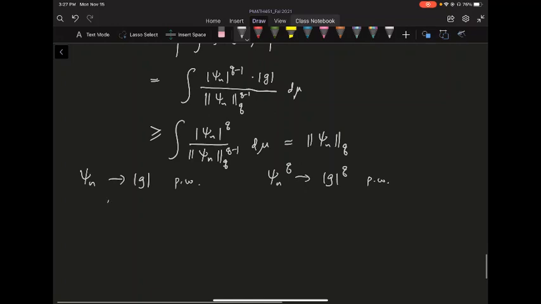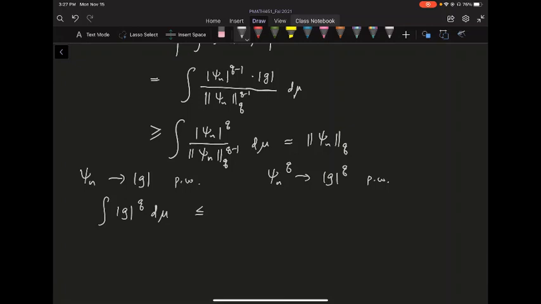If you want to consider the integral of g to the power q d mu, this is the integral of a limit, so you use Fatou's lemma. That's going to be less than or equal to the lim inf, which is the integral of psi n raised to the power q d mu.